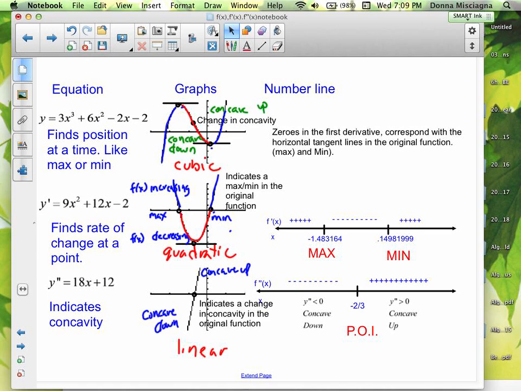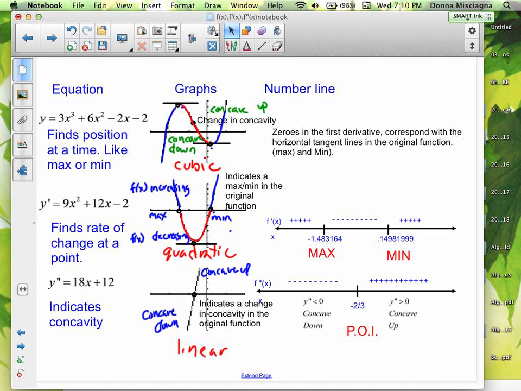So if we're looking at the graph of a derivative, all of our x-intercepts indicate maxes and mins in the original function, because the slope of the tangent line is going to be 0. The derivative measures the slopes of the tangent lines, the rate of change. So zeros in the first derivative correspond with horizontal tangent lines in the original function. Could be a max, could be a min.